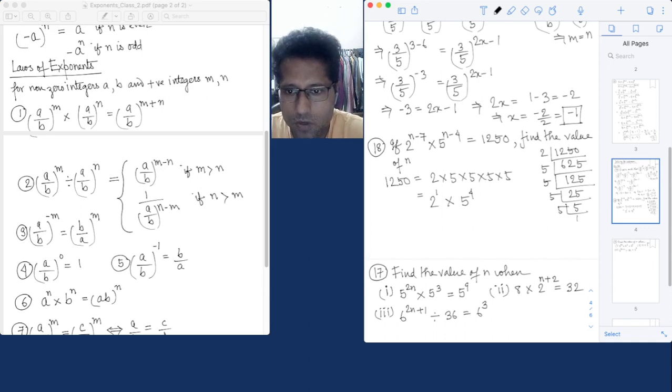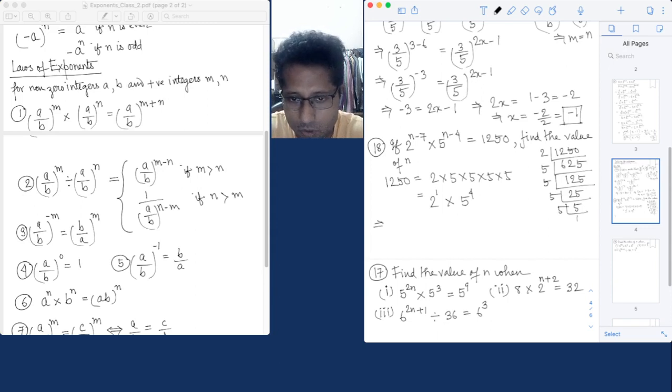So 1250 has been written in the form 2 raised to the power 1 multiplied by 5 raised to the power 4, and on the left hand side it is 2 raised to the power n minus 7 multiplied by 5 raised to the power n minus 4.